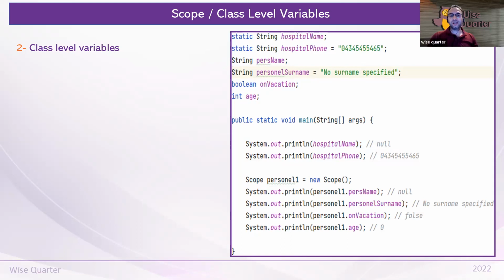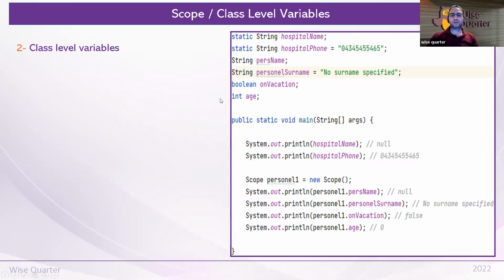If it was static, when I say on vacation, everybody will go and nobody will be there. So there should be a few people left in the hospital, so it should be a non-static variable. I mean object variable. Age, everybody will have a different age, of course. If you are not talking about the hospital's age, it should be non-static like this.